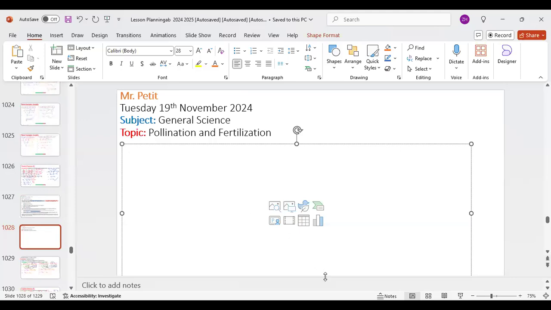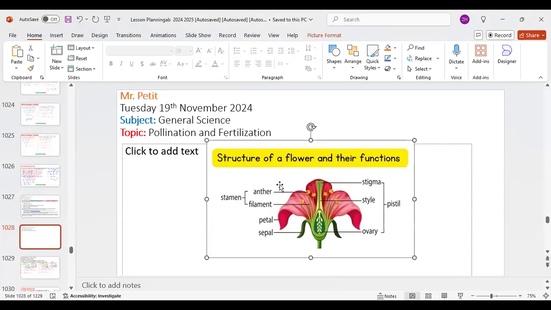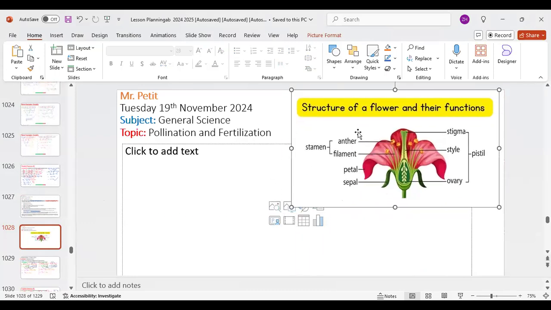Okay, pollination and fertilization. So let's just recap the parts of the flower. Let me just show you all the picture first. This is the picture that I gave you all last week, and we're gonna go over it. This is the parts of the flower.